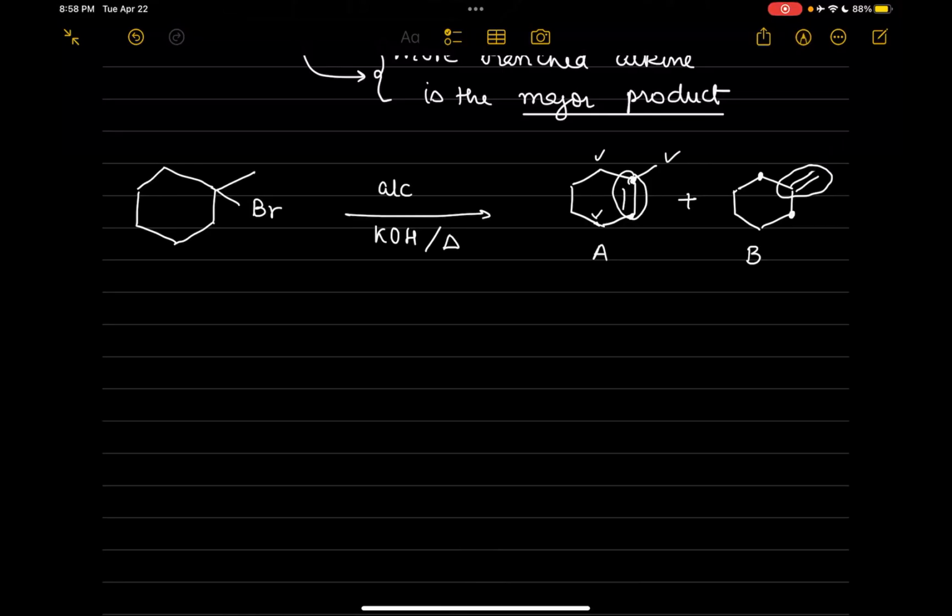Do you agree with my point that there are three carbon containing groups in A and there are only two carbon containing groups connected to the doubly bonded carbon atom? I hope all three of you agree with it, right? So it means this is more branched, more substituted.